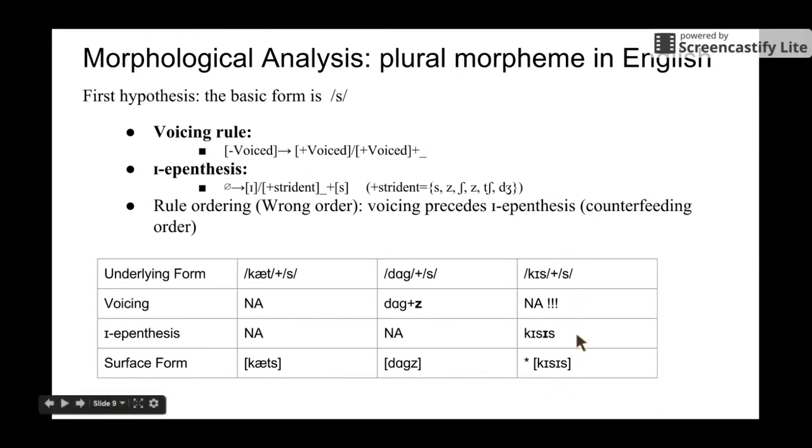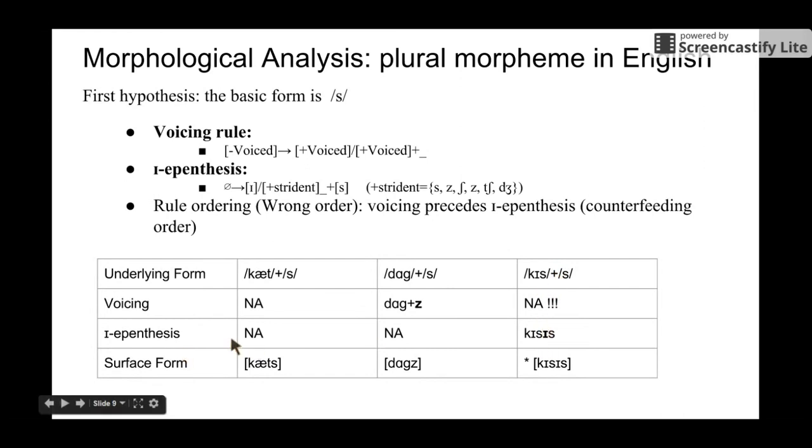However, when we have kisses, what do we got here? So when we try to apply the voicing rule, this is not the right environment for the voicing rule because we have a voiceless sound preceding the target, right?